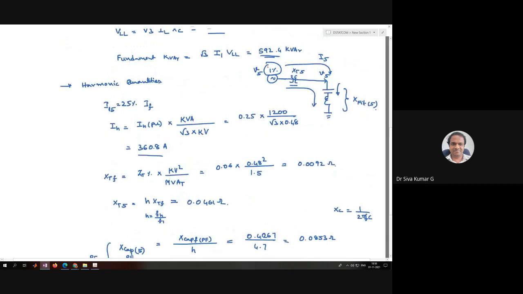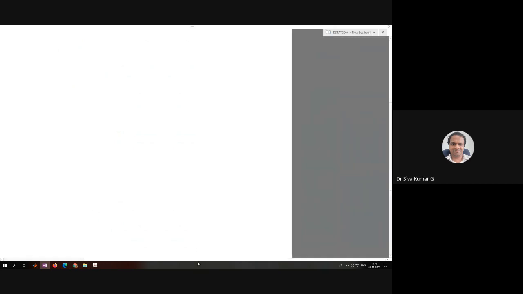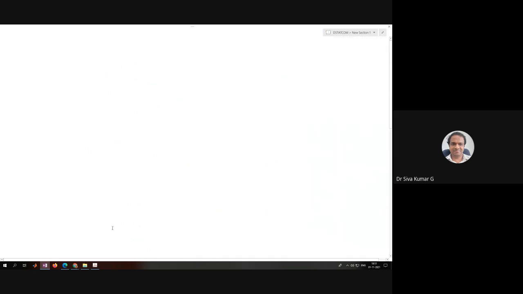This fifth harmonic current is derived from the fifth harmonic voltage of the source. We find out the fifth harmonic current contributed by the source, which is 48.34 amperes, and the total fifth harmonic current going to the passive filter is IF of source and the fifth harmonic current of the load also.